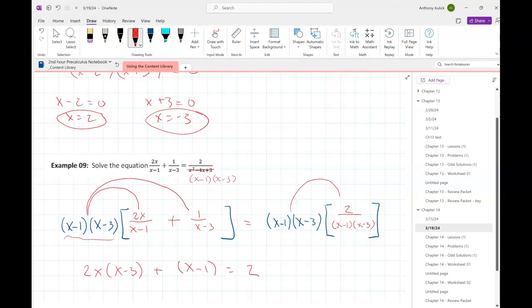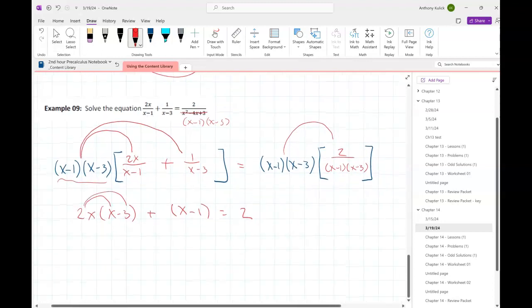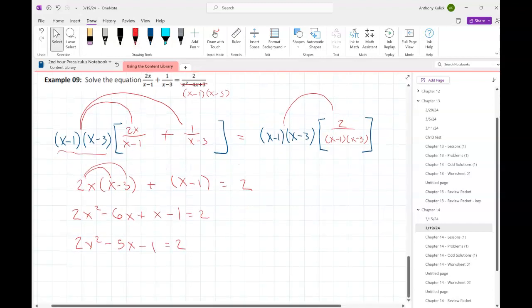Because what I'm multiplying is the same as the denominator, so everything cancels out. And we can just distribute things through. Let's combine some like terms. I'll move everything onto one side.